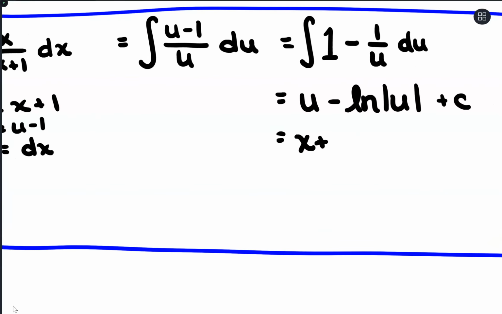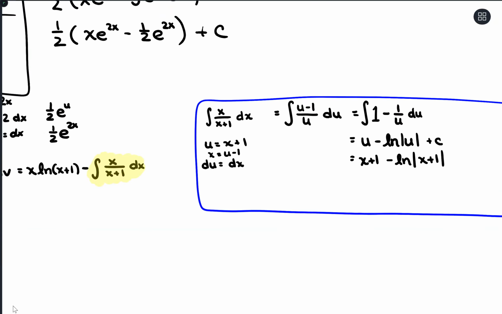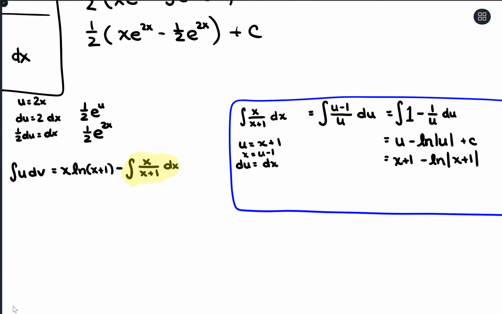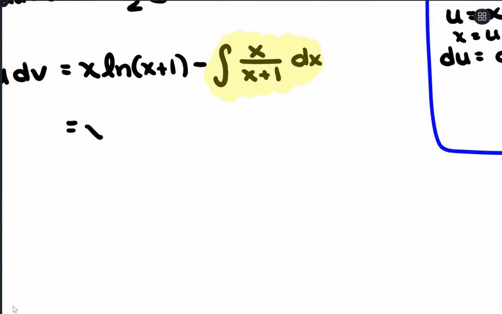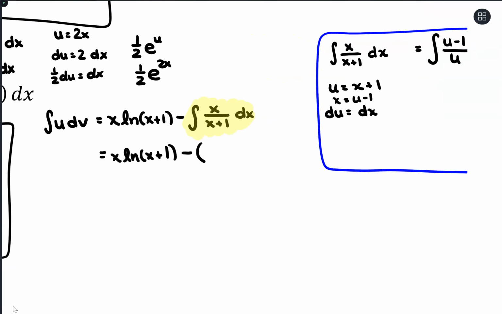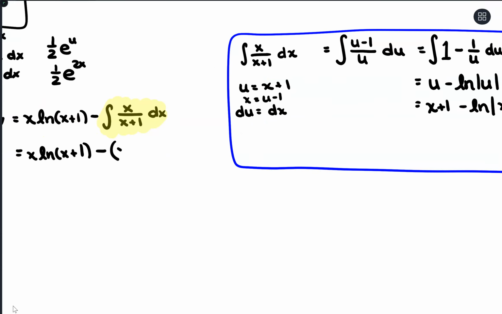So we're going to have x plus 1 minus natural log of the absolute value of x plus 1. So with that, I'm going to go back now. So I have this x plus 1 minus natural log of x plus 1. So in simplifying, we have x times natural log of x plus 1 still hanging out, and then minus that antiderivative, the x plus 1 minus natural log of x plus 1.